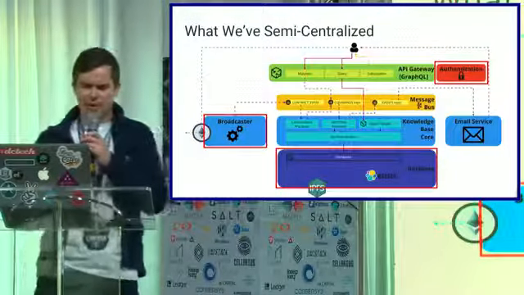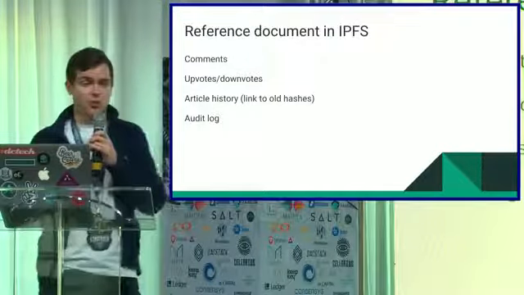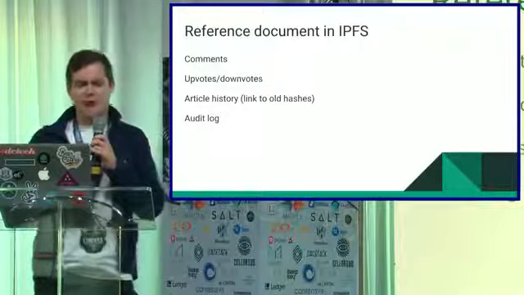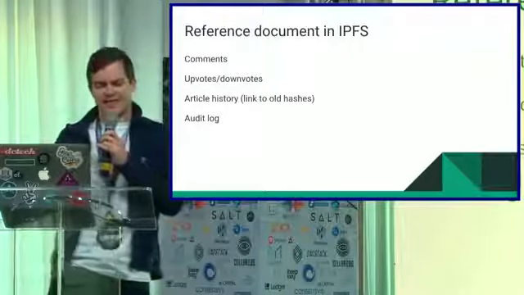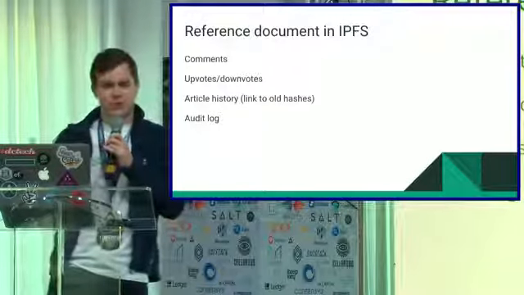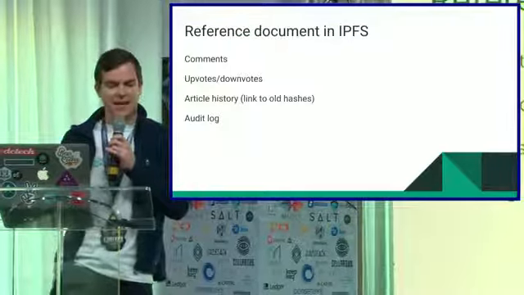In addition, when we store a document in IPFS, we actually create two documents. We create the actual content document itself, and then we create a reference document that has things like comments, upvotes and downvotes for the article, and the history of the article if there have been changes in the content. So it's basically links to the old hashes, and then an audit log.